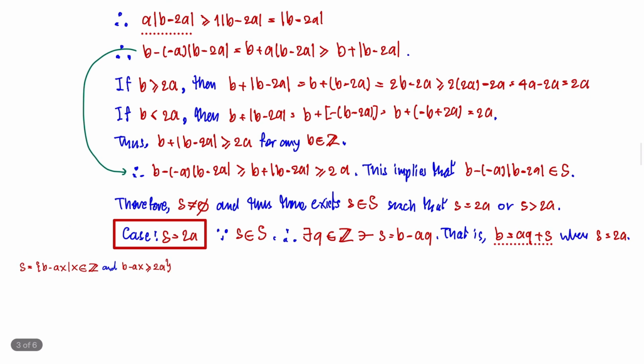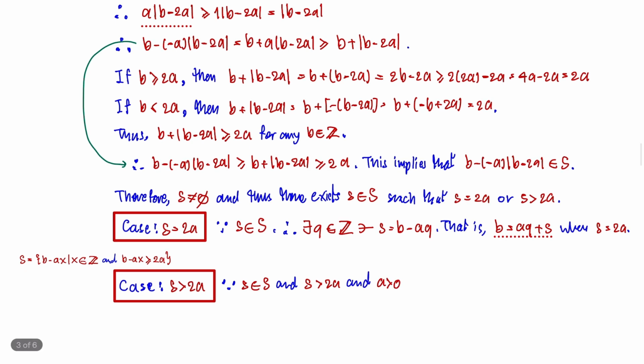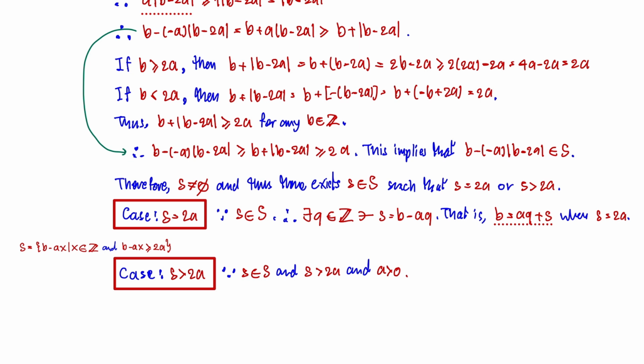Let's go to the other case, the case where s is greater than 2a. Since s is in set S, and s is greater than 2a, and also a is greater than 0, s must be a positive integer.